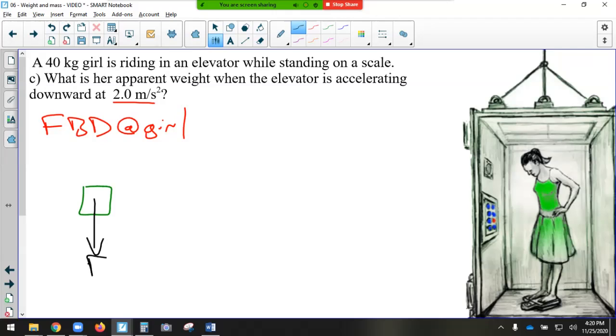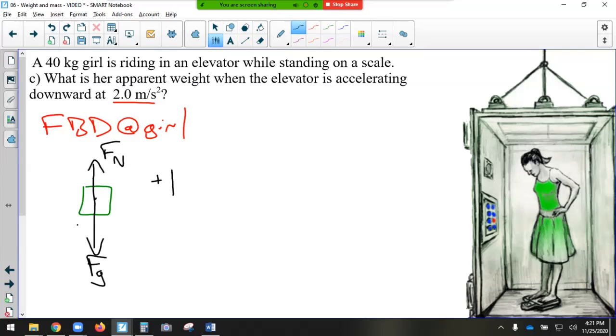Her weight will remain the same because her mass hasn't changed and Earth's gravitational field didn't change. But since she's accelerating downwards, her normal force, the force of the scale pushing back up on her, is not going to be as great. And so that's going to be a smaller force vector going up. My vector going up is slightly smaller than my vector going down. And again, I know that ahead of time. You will see how that works out mathematically right now.